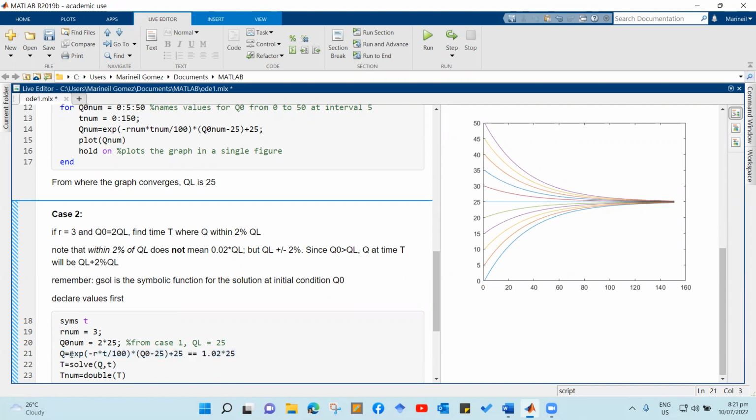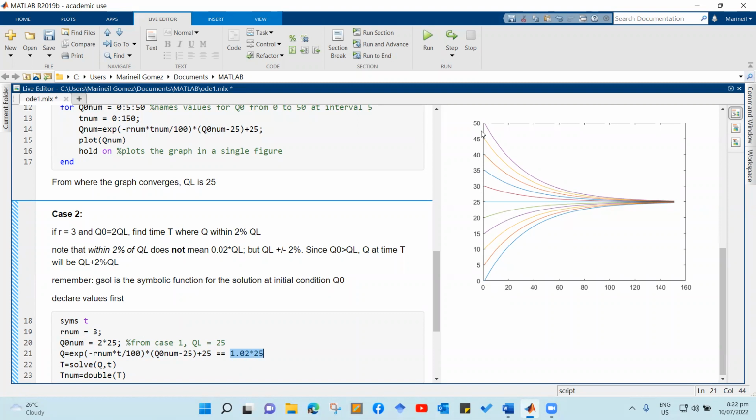So we have this Q, which is equal to this equation, which is our equation from before. Let me just update the values, r num and Q0 num. Q0 num is equal to 1.02 times 25.